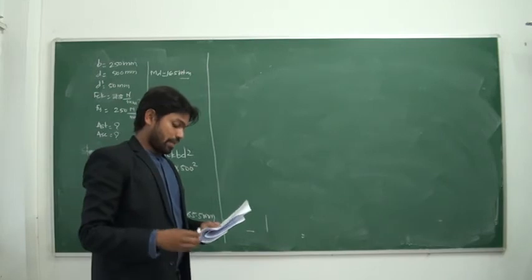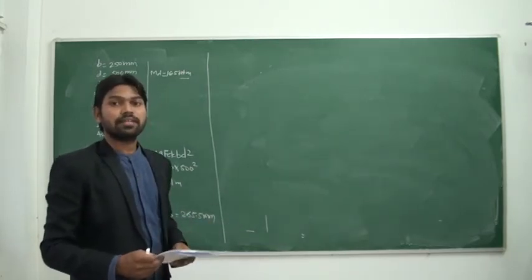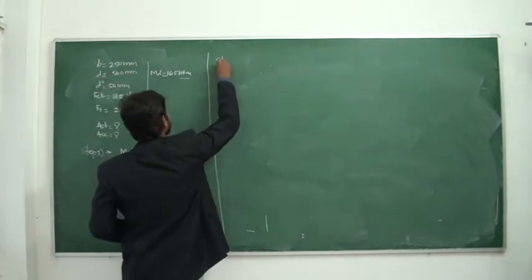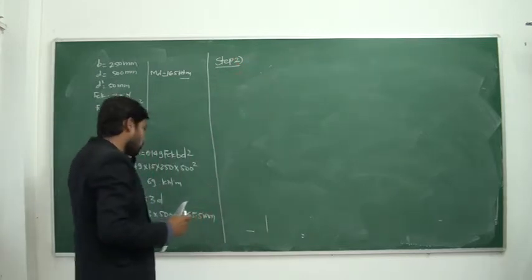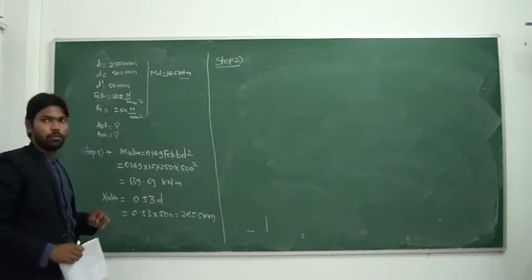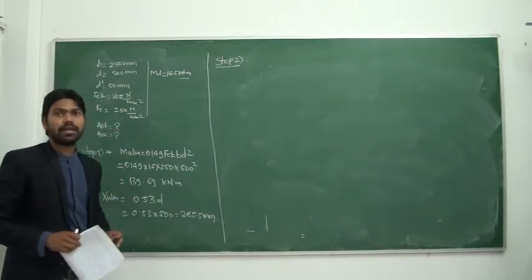Okay. Next, we have to check whether the section is singly reinforced or doubly reinforced. Step number 2 is identifying the section. For that we have to check the MD value and MU limit value. So MD is 165 and MU limit is 139.69.